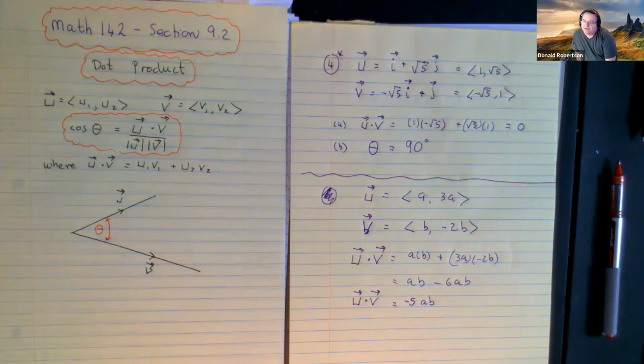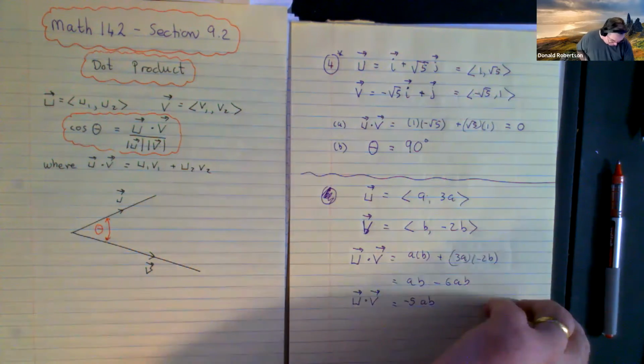But don't I do the same thing as if it was numbers? So far, so good? Do you think I'll be able to find a number for the angle between these two vectors, even although this is A's and B's? Some of you think so. We're going to find out.